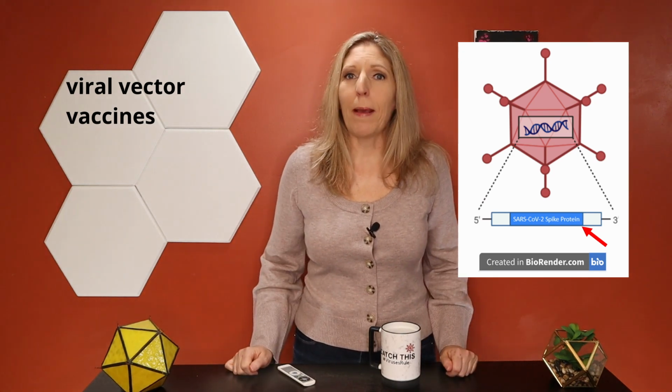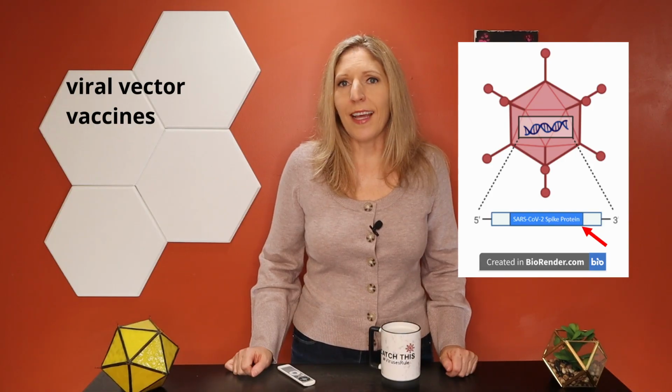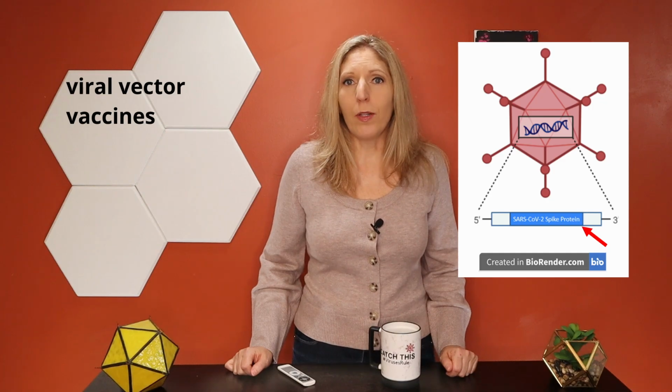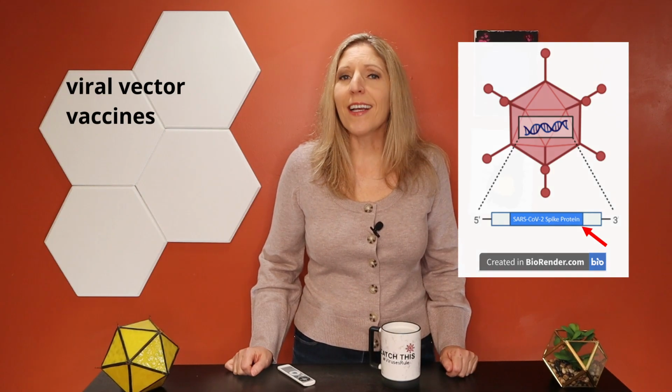Once injected into a person, the vaccine vector will enter cells, and its nucleic acid will serve as a template from which the antigen protein will be produced. The antigen will then prime the immune system to recognize the pathogen from which the antigen originated. When the individual is infected with that pathogen at a later time, the immune system will recognize that pathogen.